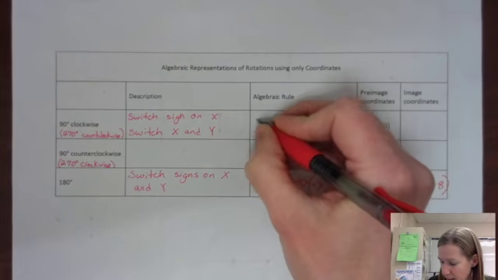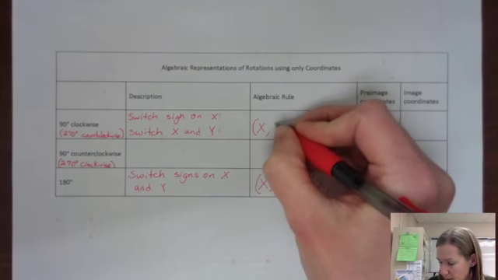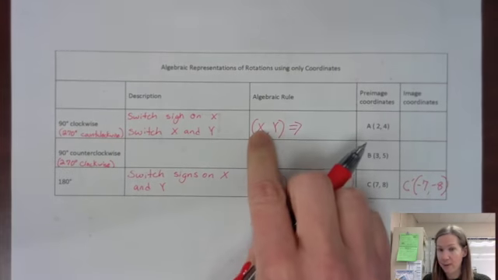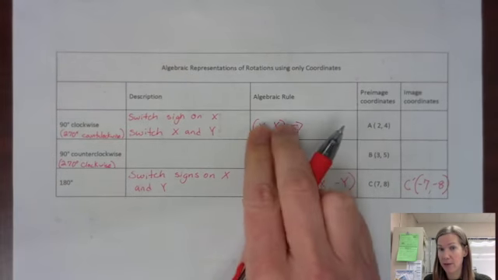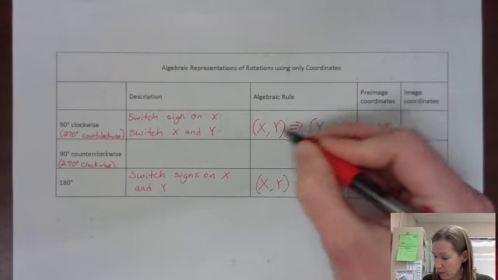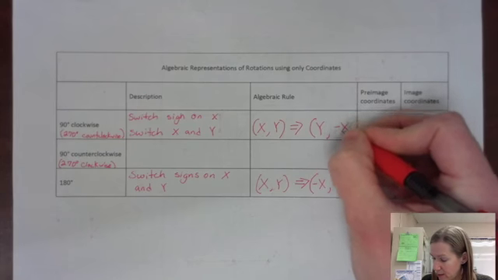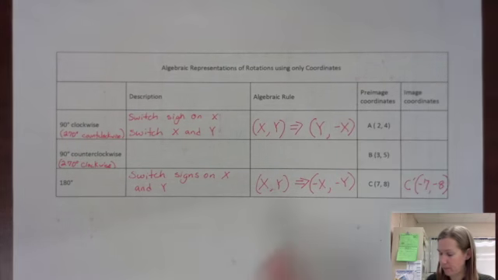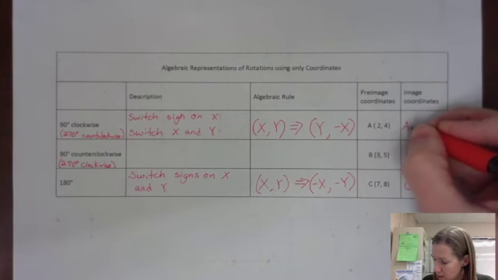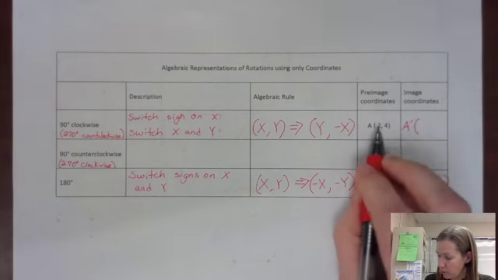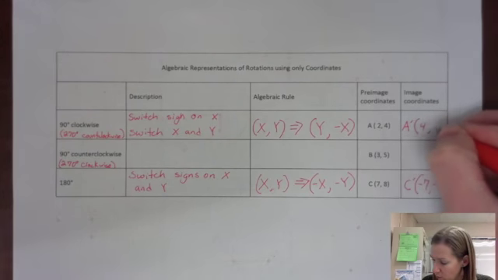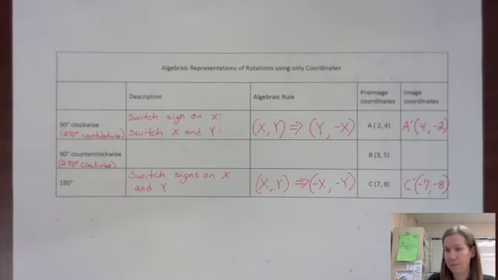So algebraically, you have x and y. Now you're going to make this x negative, and then you're going to swap them. So y goes here, and remember, we switched the sign there, so that's going to be negative x. Now with a real point, A prime here, we're going to make this negative 2, and then we're going to switch it. So 4, negative 2.